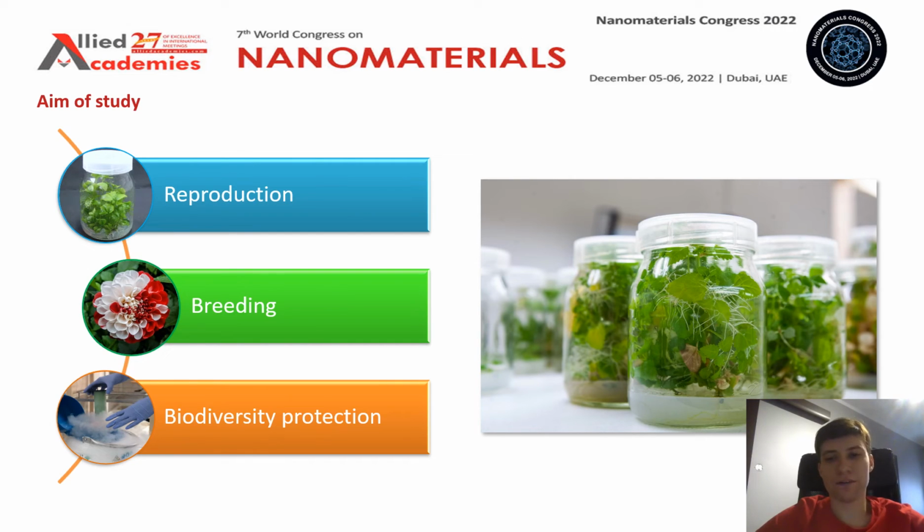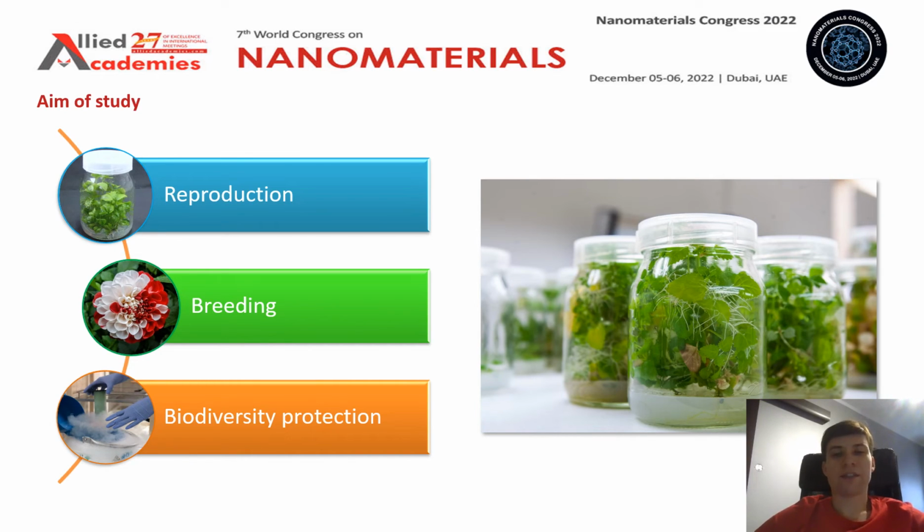in the photograph, and such plants are grown in controlled growth conditions, and tissue cultures can be used for various purposes. For example, for the purpose of large-scale reproduction of plants, for breeding, the creation of new cultivars, and the protection of biodiversity, but they can be also used for other reasons, for example, for the production of secondary metabolites.